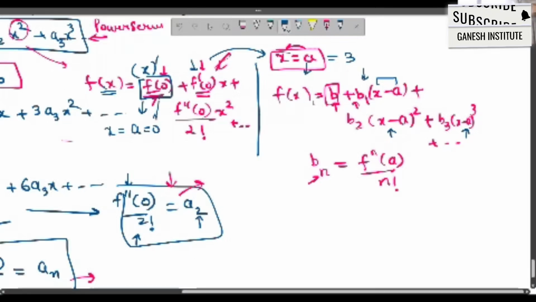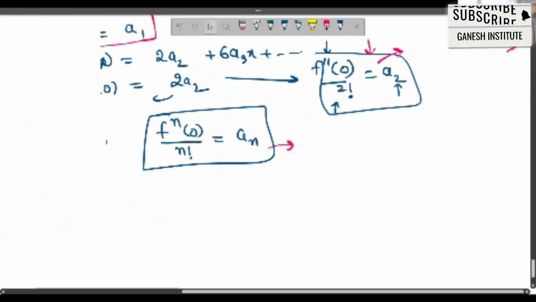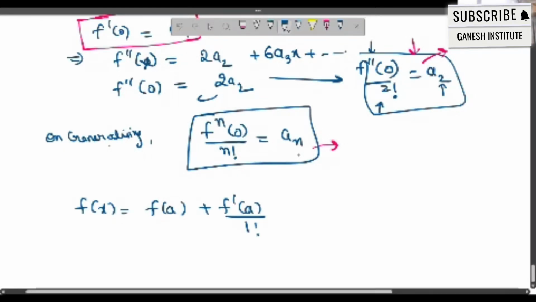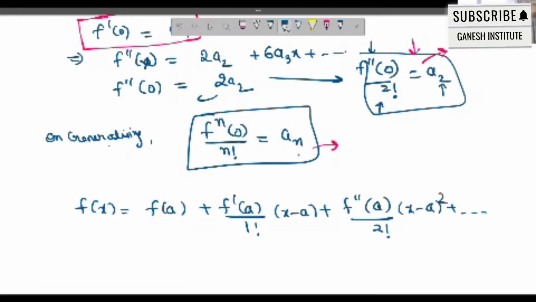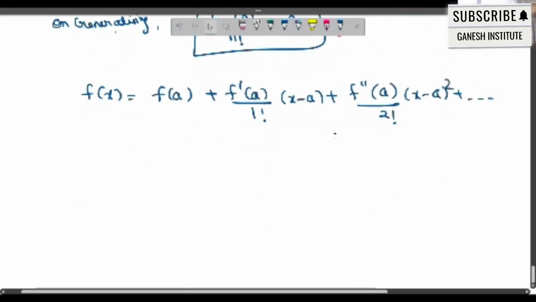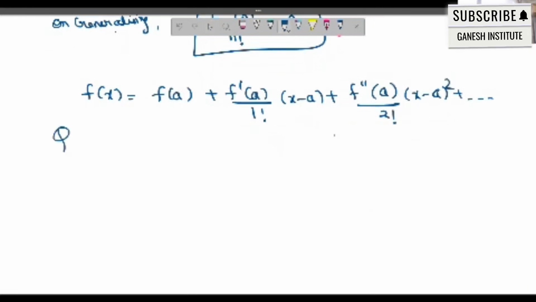So if you want to write it in b form, then also it's fine. Or else you can just simply come back to that which we talked about. Instead of 0, 1, 2, 3, whatever, this can be the case, right? Now, if you've got it, solve this question.